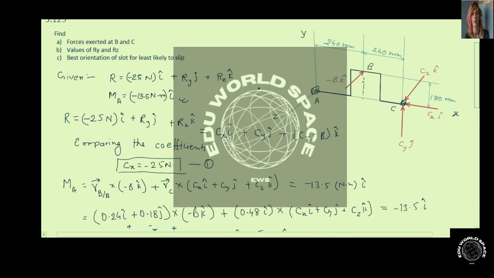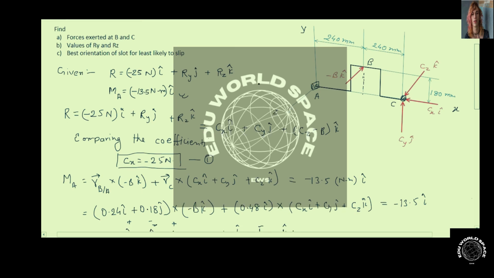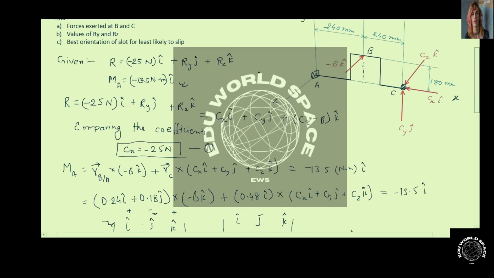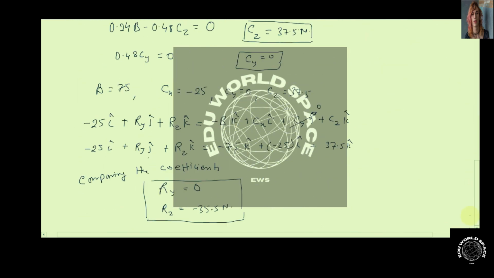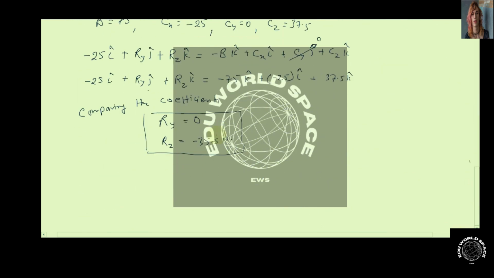In the third part they are asking about the best orientation for the slot such that they are least likely to slip. So what we will do is write the total reaction force exerted by the head of the system. So R is minus 25 I cap, since Ry is 0, only the Rz component is there, 37.5 Newton.